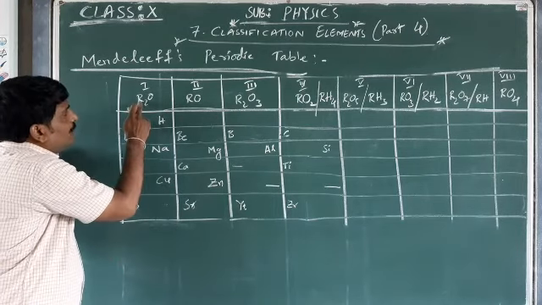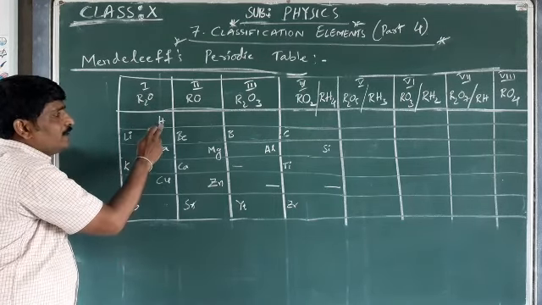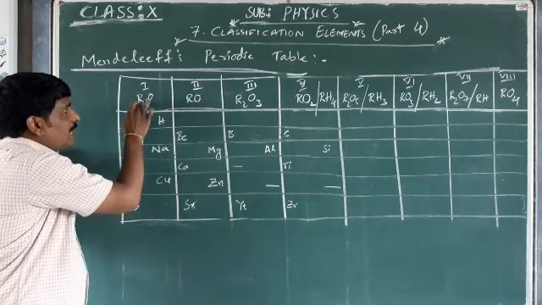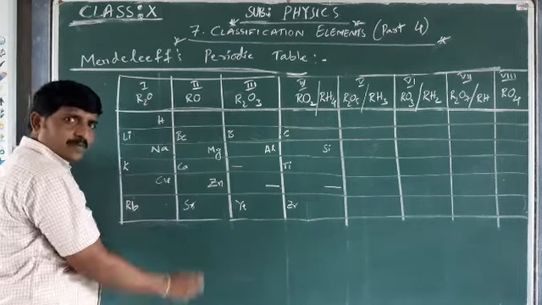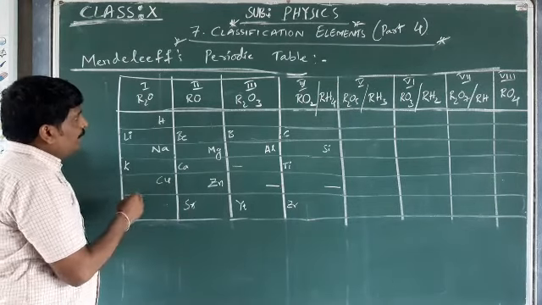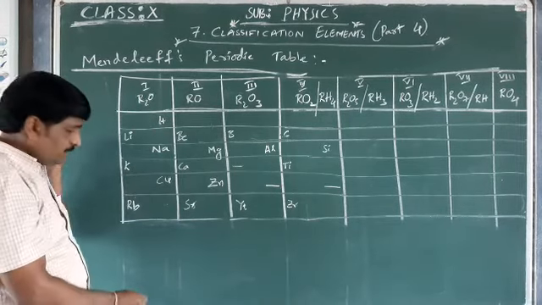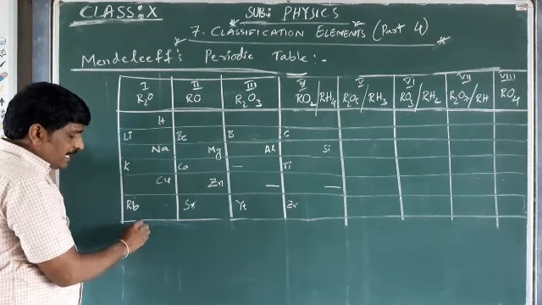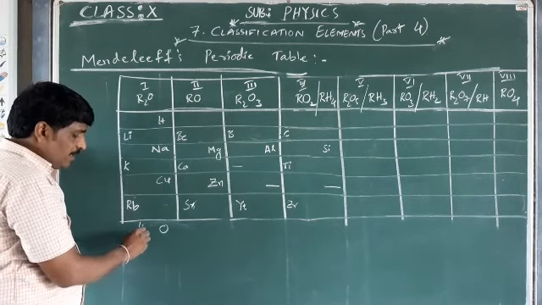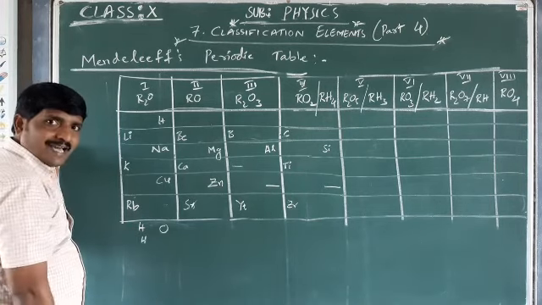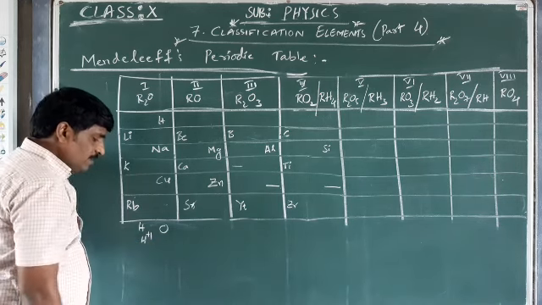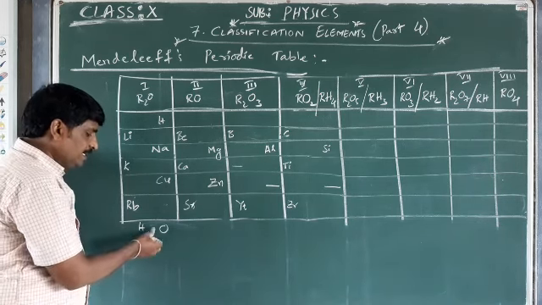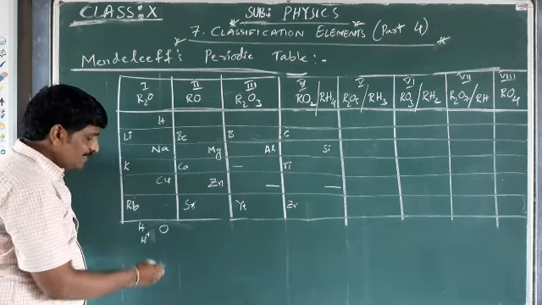Suppose hydrogen is reacting with oxygen. R represents the elements present in the respective group. Hydrogen's ionic charge is +1, which we already learned in 9th class.